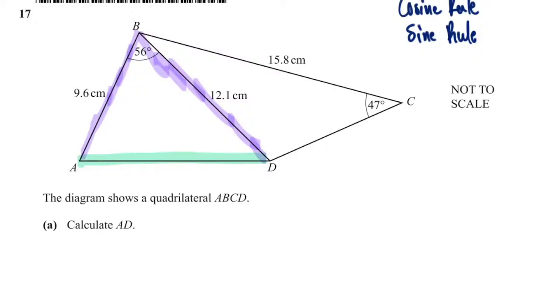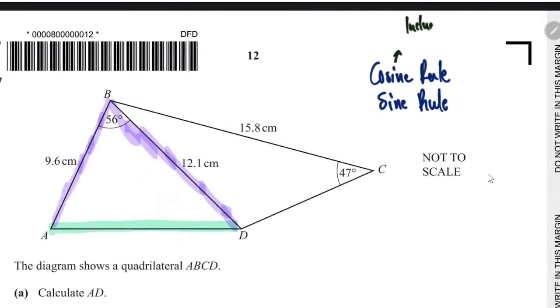The method you use for any question, whether they ask for an angle or a missing side, depends on what information was provided. So your job is to look at the information provided. We know that to use cosine rule, we must have either an included angle or we must know all three sides.